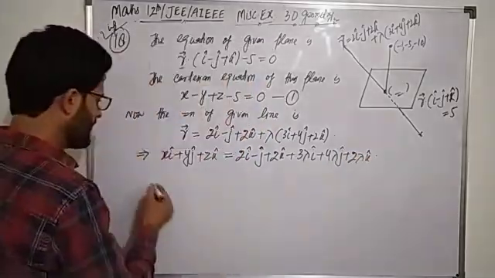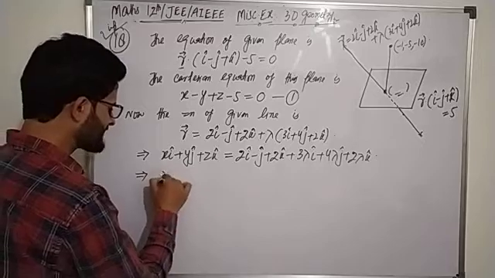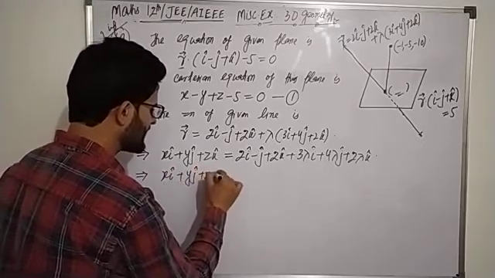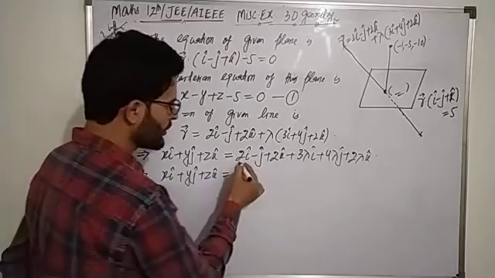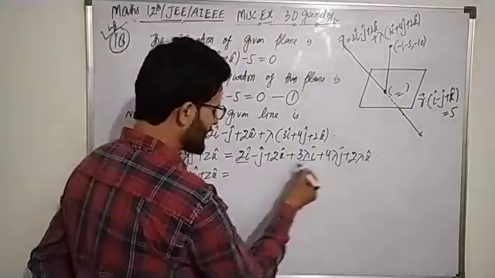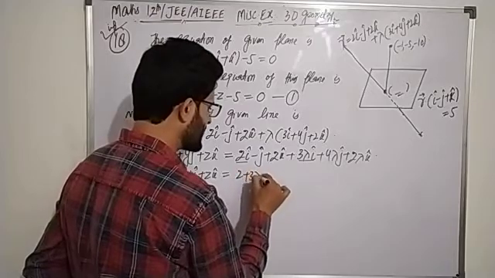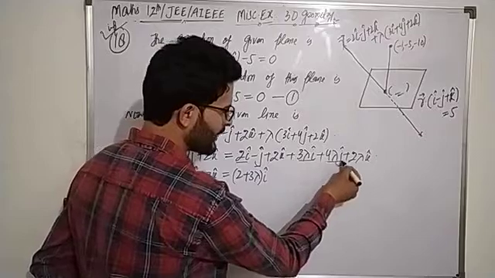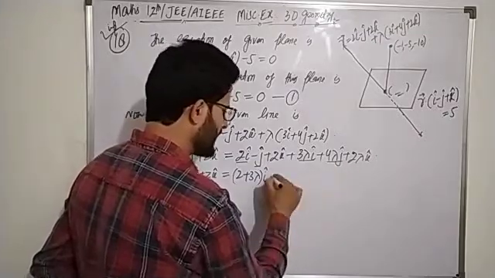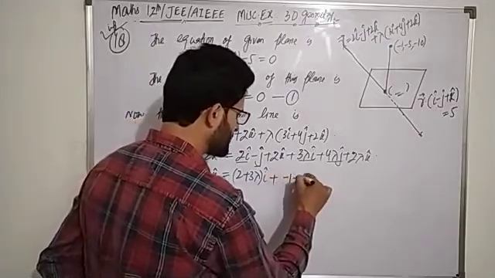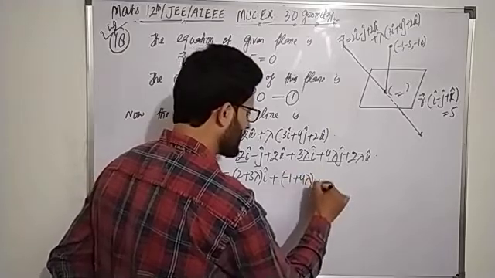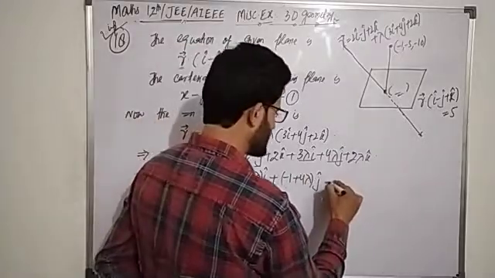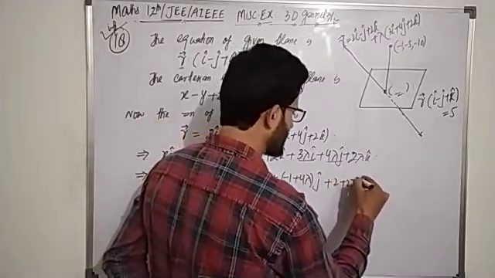right? This can be written as xi plus yj plus zk is then equal to 2i plus 3 lambda i, that is 2 plus 3 lambda into i, minus j plus 4 lambda j, जे और जे को कॉमन लेके आओ तो क्या बचेगा, -1 plus 4 lambda into j, and plus 2k plus 2 lambda k, that is plus 2 lambda into k.